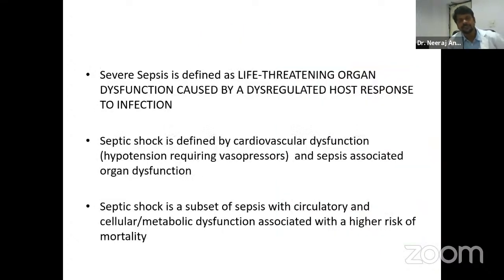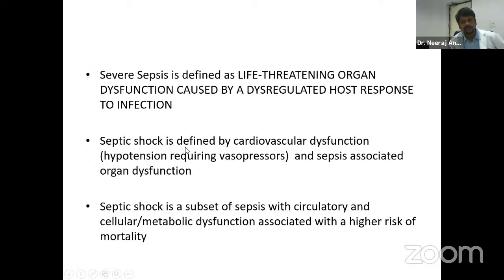Now, coming on to the definition, how do we define severe sepsis? Severe sepsis is defined as a life-threatening organ dysfunction caused by a dysregulated host response to infection. So, it is basically the body's immune response which ultimately leads to multi-organ dysfunction, along with bacterial toxins that are released.